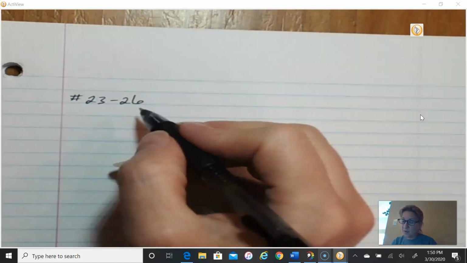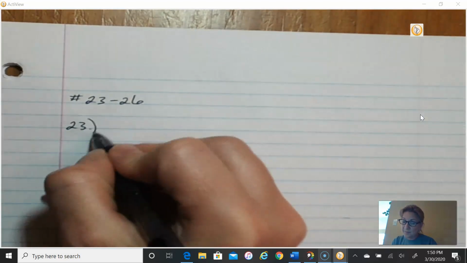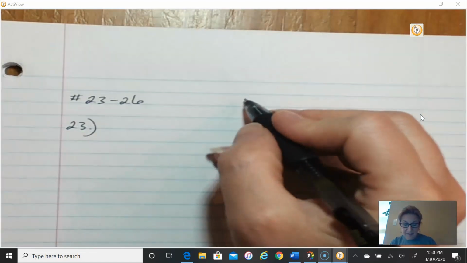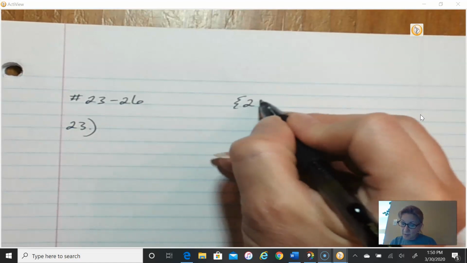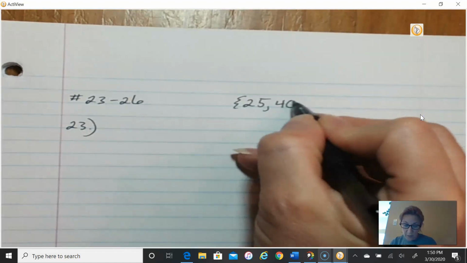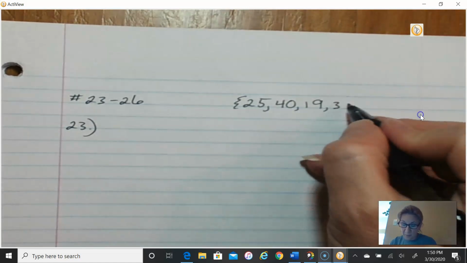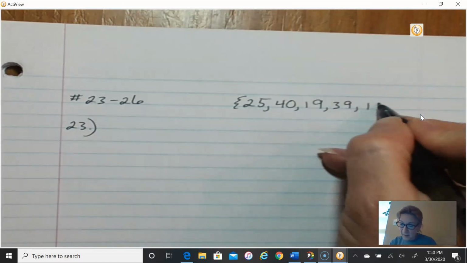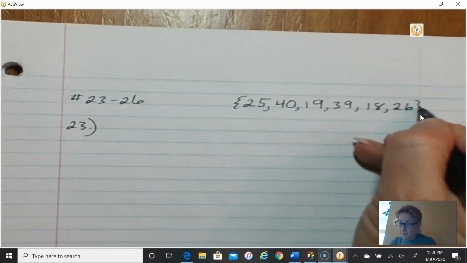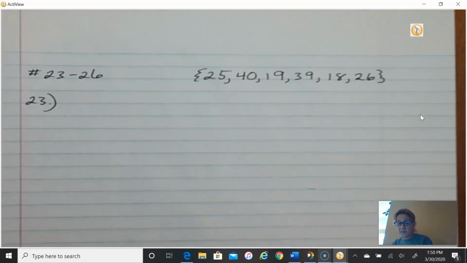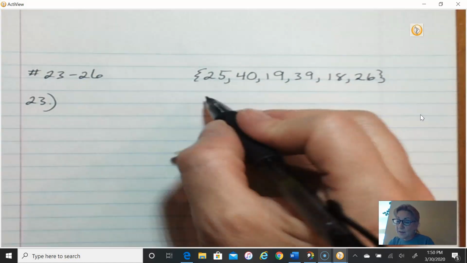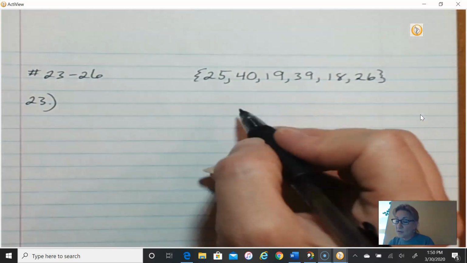Okay, so for 23 to 26, they give us the data: 25, 40. Look in your book, by the way, you'll see where the data is listed for this group. 39, 18, and 26. Okay, what do you do first? You write these in order from least to greatest.